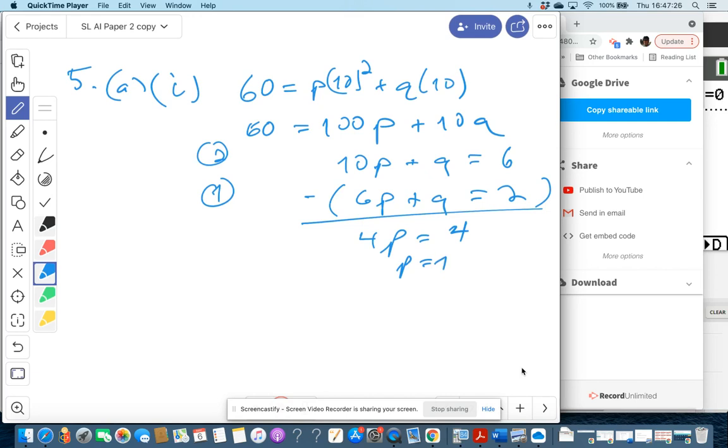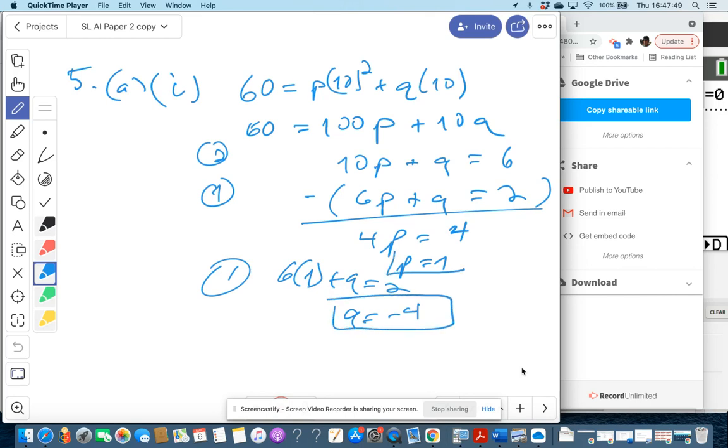So then I can take that p equals 1 and throw it into either of those equations up there. 6 times 1, that's equation 1, plus q equals 2, and I get q is equal to 2 minus 6, negative 4. Okay, so those are my solutions for p and q.